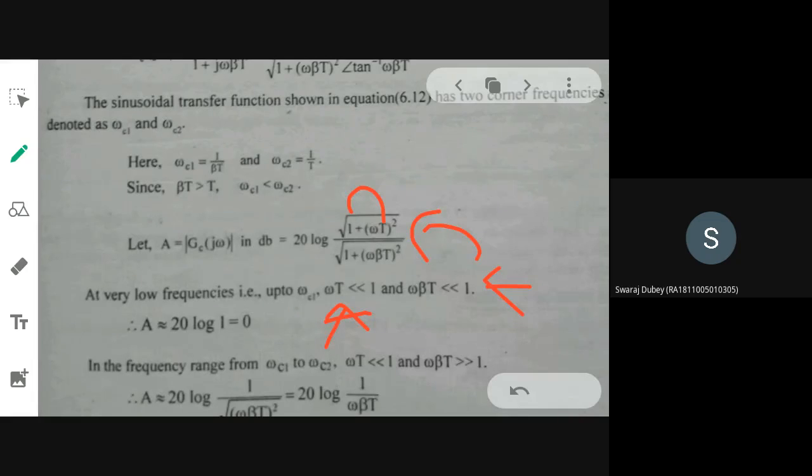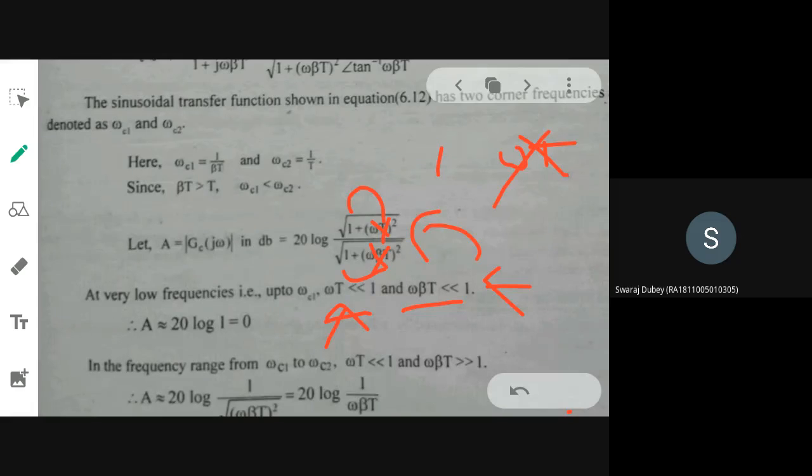So omega t you can eliminate. And omega beta t is also less than 1. So if you compare these two, omega beta t you can eliminate.